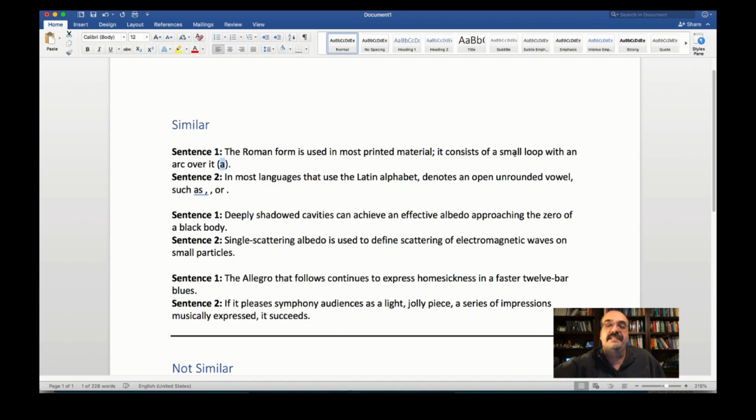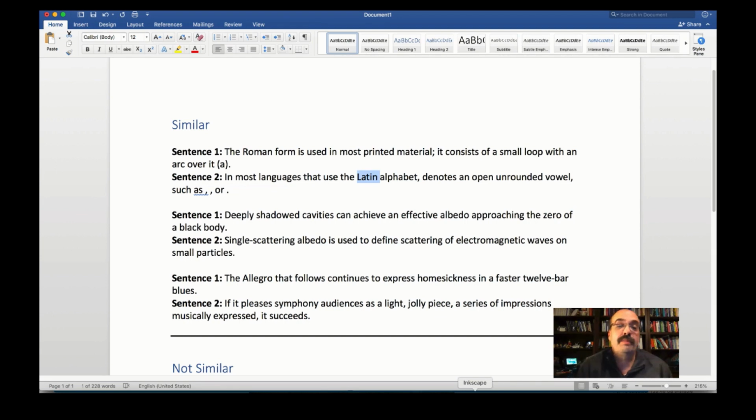And then it says it consists of a small loop with an arc over it. Then down here, let's look at it. In most languages that use the Latin alphabet, denotes an open, unrounded vowel, such as, and those are probably images, they got cut. But this is enough. If you were to really analyze these, okay, Roman and Latin.